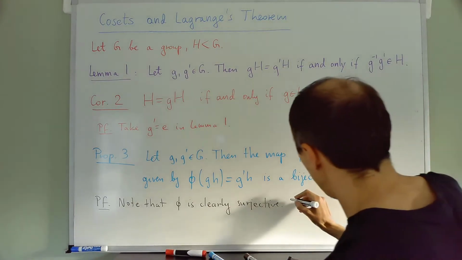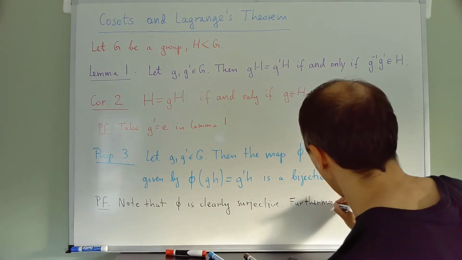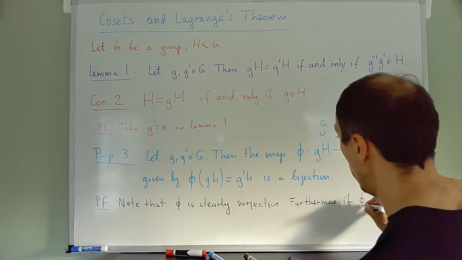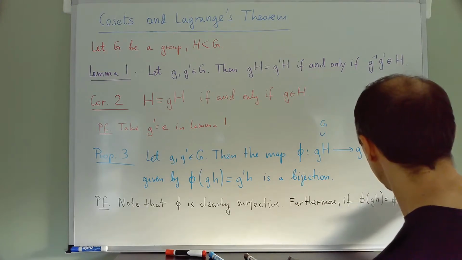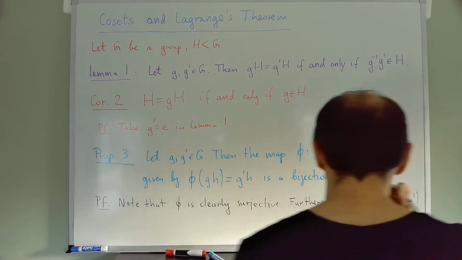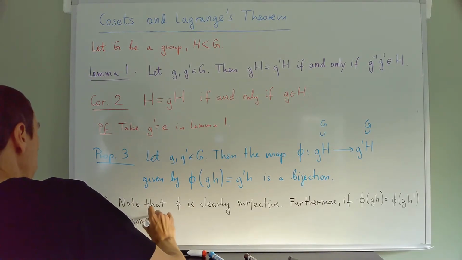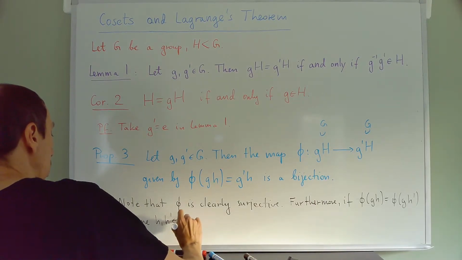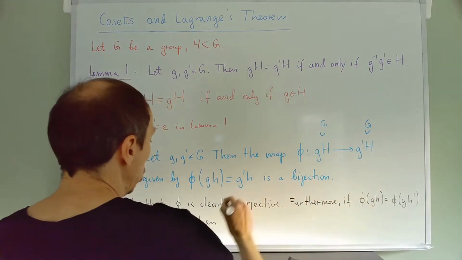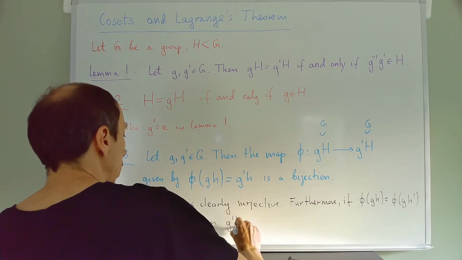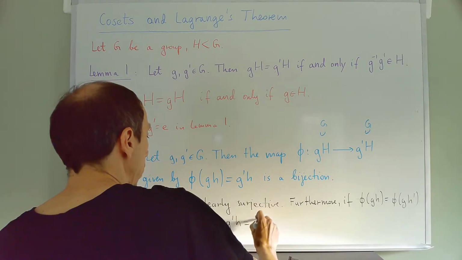Is it injective? Furthermore, if phi of gh is equal to phi of gh' for some h' in H, then, alright, what's phi of gh? That's g'h. What's phi of gh'? That's g'h'.